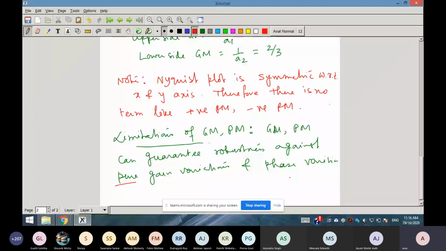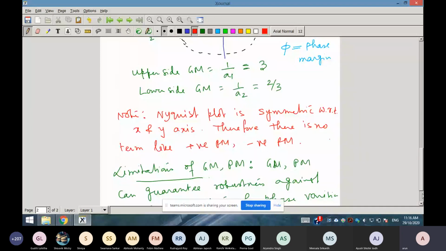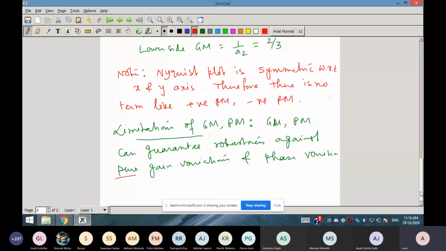That is why this is called a gain phase tester. What is a gain phase tester? You add this kind of variable into the loop, k e to the power minus j phi. So k is your gain and phi is your phase.